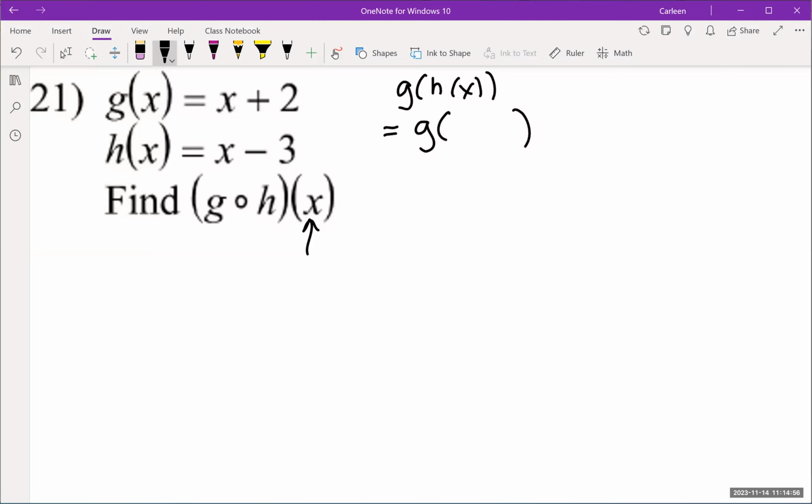I'm going to take out H of X and replace it with X minus 3.